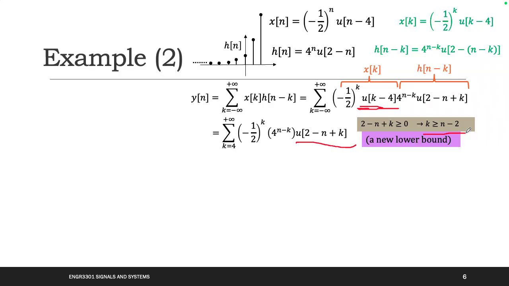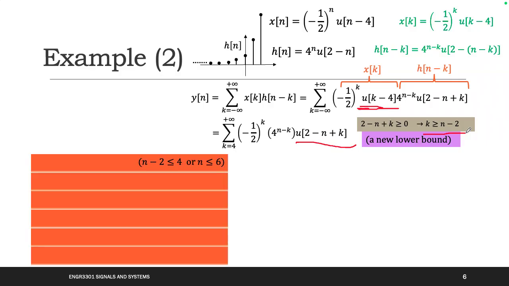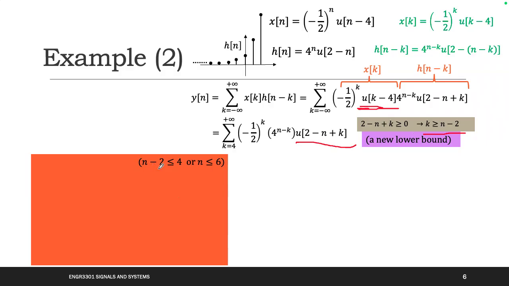So there are two different lower boundaries, am I right? We need to talk about which one should be the lowest boundary. You can see if n minus 2 is smaller than 4, what should your minimum k be, if you want to remove both of these parts?